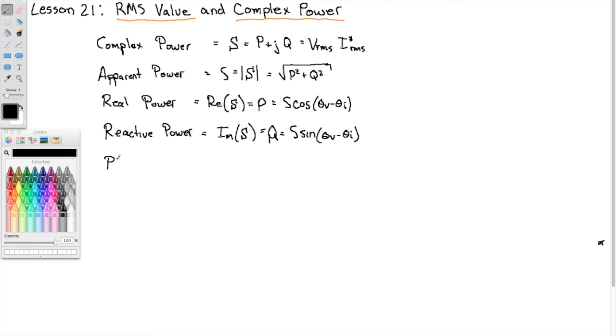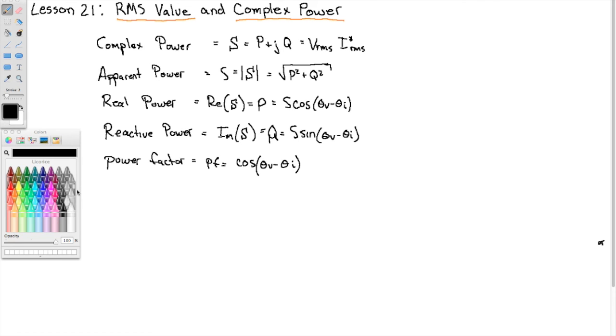And again, that power factor is just PF. That's the cosine of the angle between the voltage and current waveforms. So again, everything is contained in the complex power. If you have the complex power, you can get all of these four things.